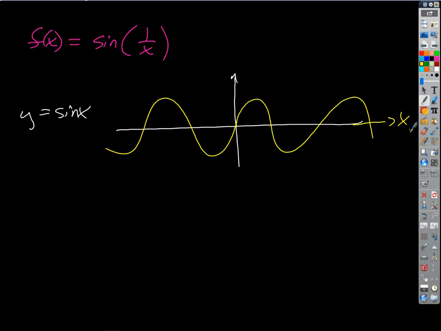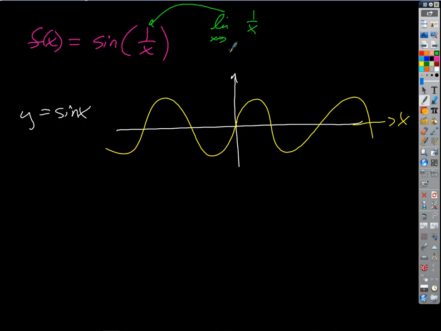So we could say something here. This would be a cool way to do it. I just thought of something. What is the limit of 1 over x? That's important because that's the argument of the sine function, meaning it's the function that's feeding values to the sine function. What's the limit of 1 over x as x approaches infinity, if it gets really big?